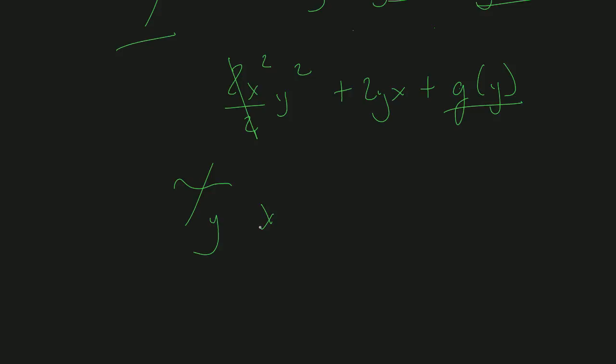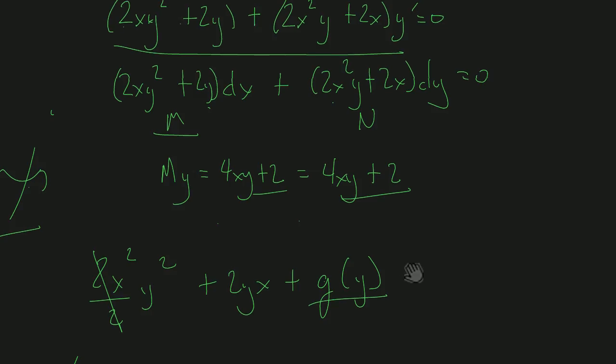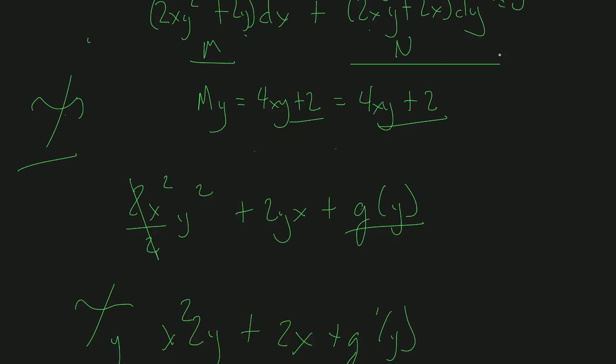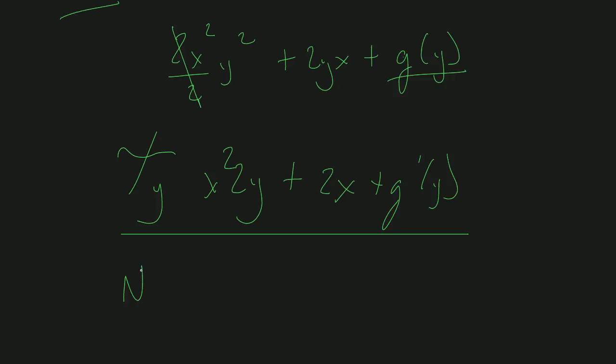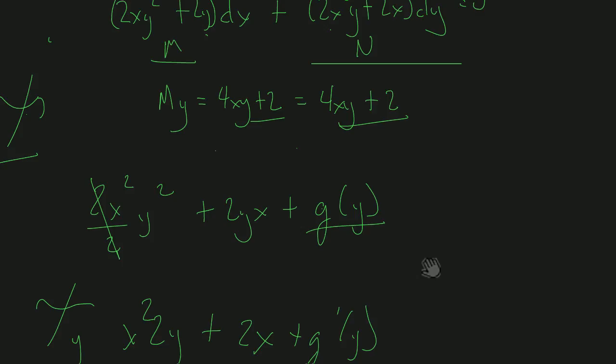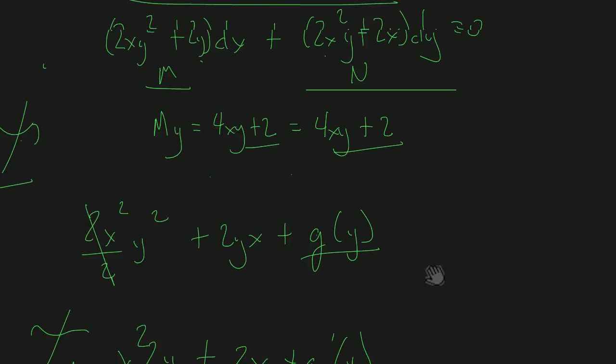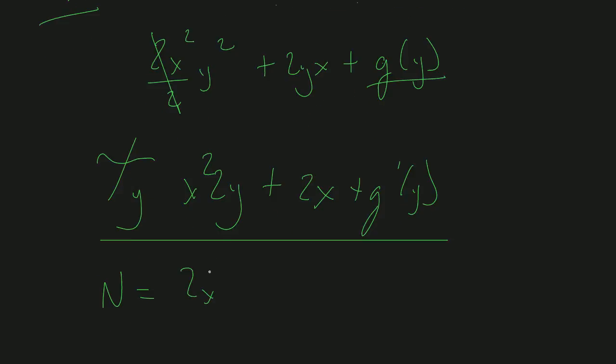And so we've got x squared 2y plus 2x plus g prime of y. Whenever we look at this and compare it to N, which is equal to 2x squared y plus 2x, 2x squared y plus 2x.